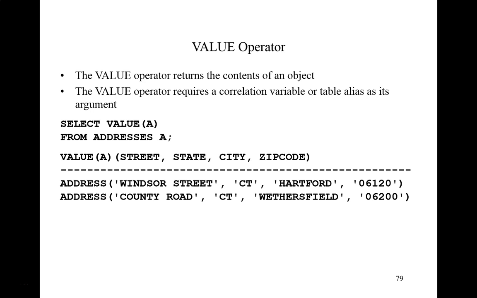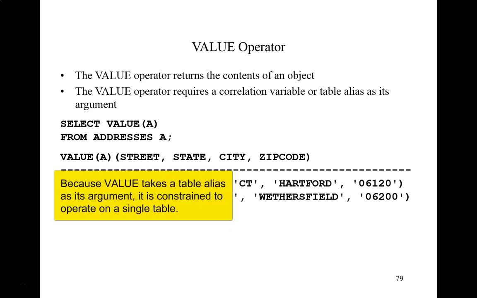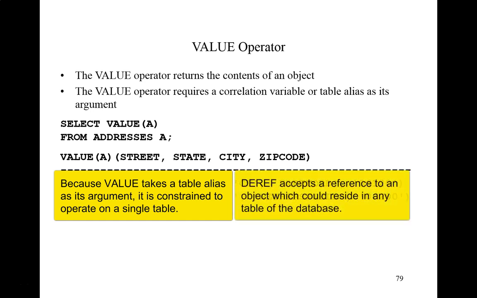The difference is the argument that's passed to these two functions. Value accepts a table alias or correlation variable. Therefore, it's constrained to operate on a particular table. Deref accepts a reference to an object. It can follow that reference to wherever the row resides, which could be in a different table.